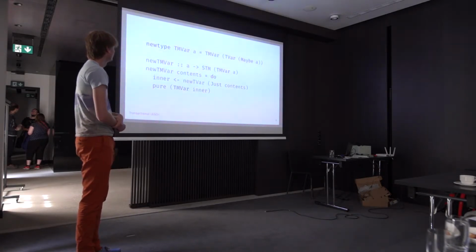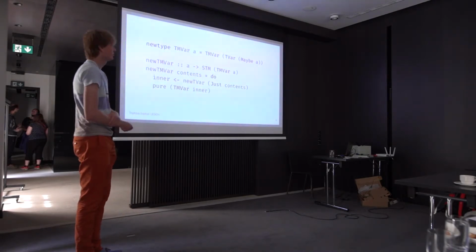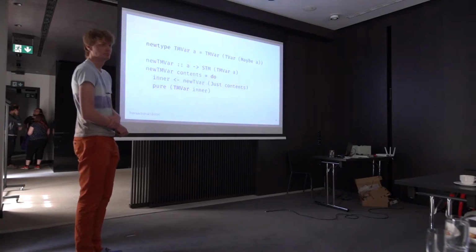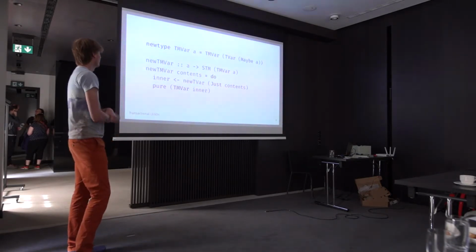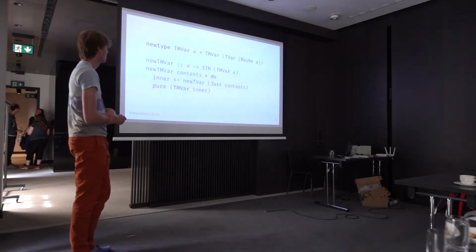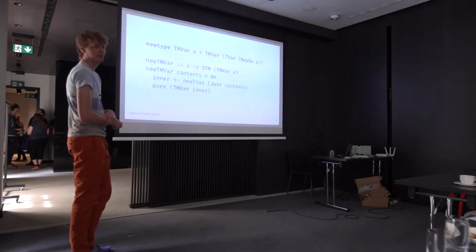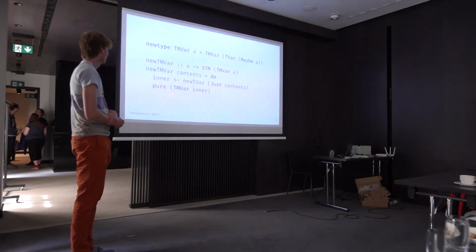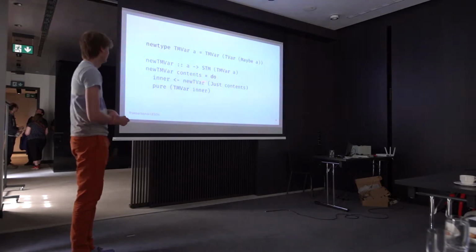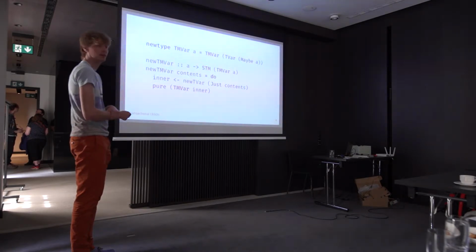We add the newtype, which we saw on the previous slide, and create a data constructor, and within this data constructor we have a TVAR Maybe A. And if we want to create a new one, we pass in the initial contents, and then create a new TVAR and put the Just in there, and then inner has type TVAR, and we wrap that in TMVAR, and we use pure because we're in an STM transaction.